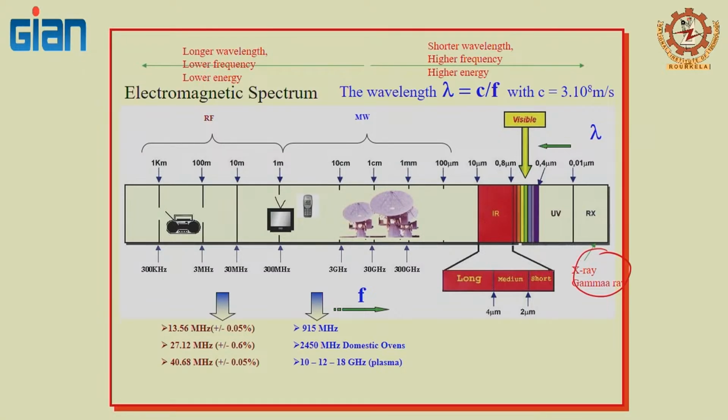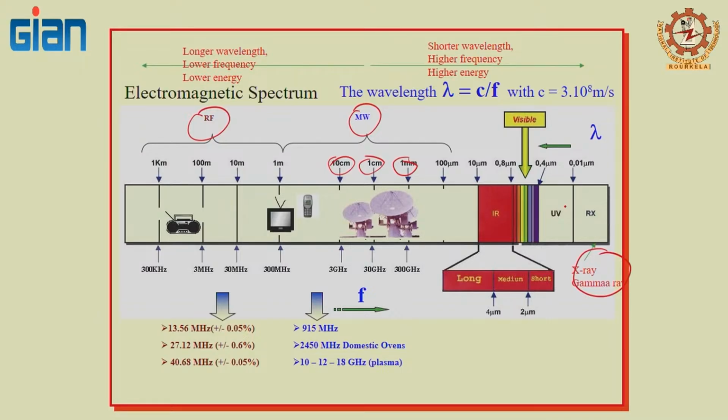The other end of the spectrum is your radio frequency wave and then microwave. You can see here the wavelength is 1 millimeter, 1 centimeter, 10 centimeter, and so on. As you increase here, the wavelength increases, but the frequency on this side decreases. So it goes in opposite directions. This is where the microwave is used.